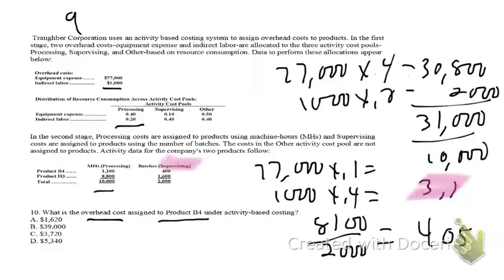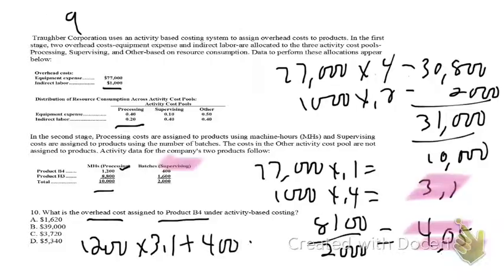Now I have to figure it out for product B4. I take 1,200, which is my processing, times 3.1, add to that 400 times 4.05, and when I multiply those out and add them together, I get a total of $5,340.